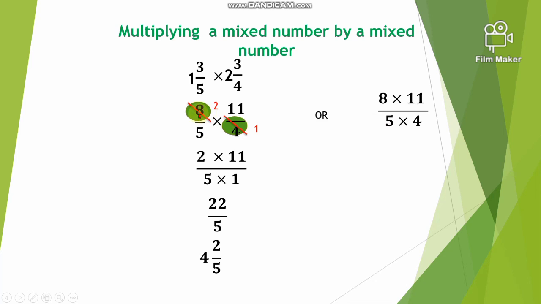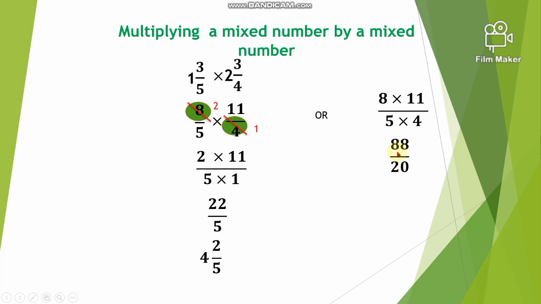Now you can see in the numerator 8 and 11 are there, and in the denominator 5 and 4. If you multiply 8 by 11, you will get 88. 5 times 4 is 20. After getting this type of fraction, what do you have to do? Yes, we have to divide both numerator and denominator if there are common factors.